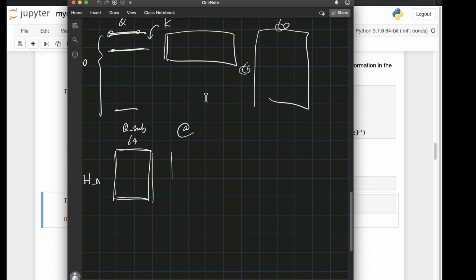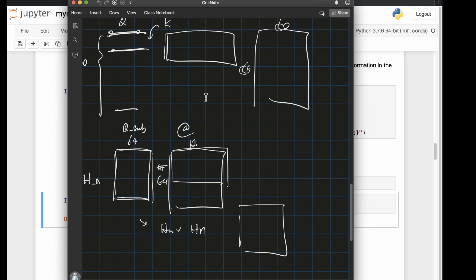On the other hand, when we do the transposition of the key, we will have the 64 sub key vector times the head number. So we will end up with head number times head number.